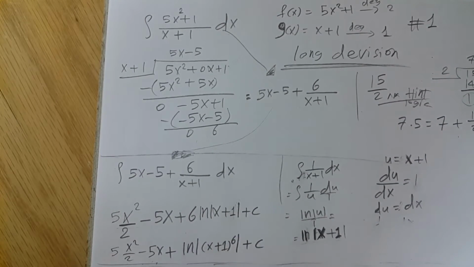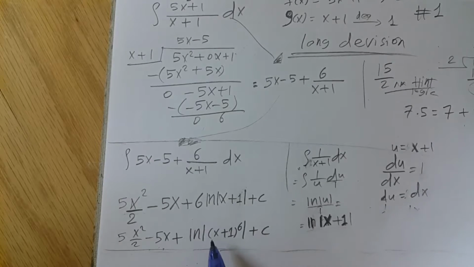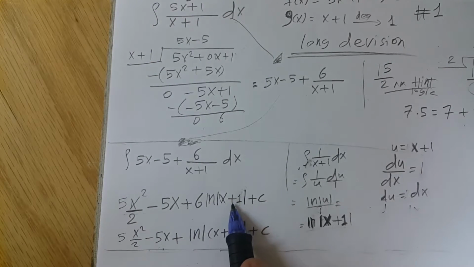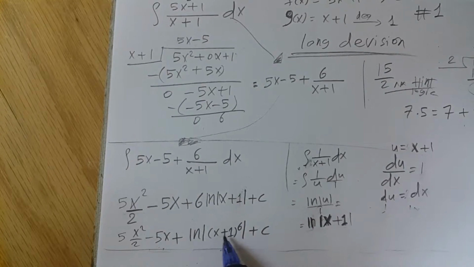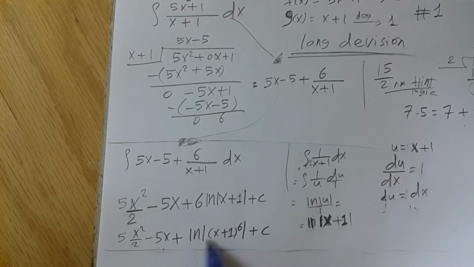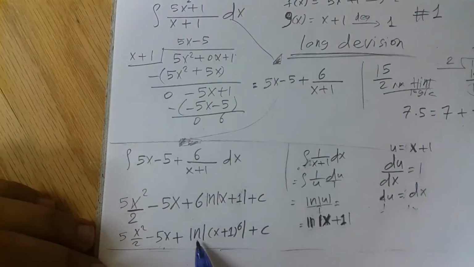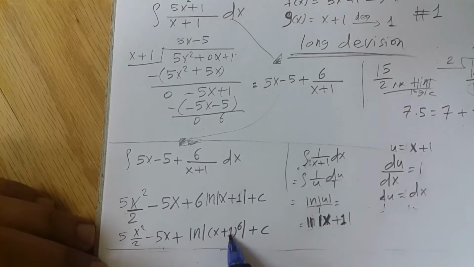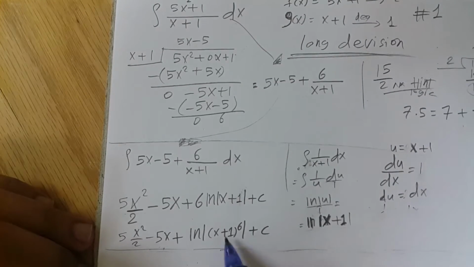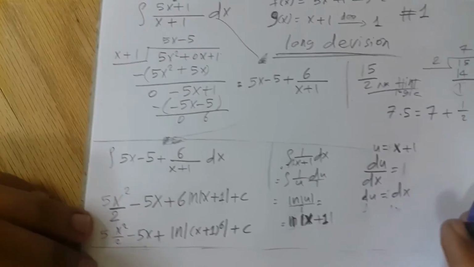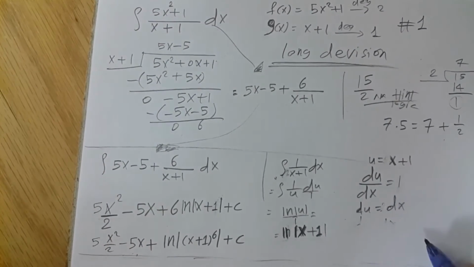Because this is a property for logarithmic functions. You can just pull the coefficient and make it the power of whatever is inside the logarithmic function, which is x plus 1. So it will be x plus 1 to the power of 6. That's the idea basically, and I hope you understand this. Let me give you also a hint so you can just understand it.